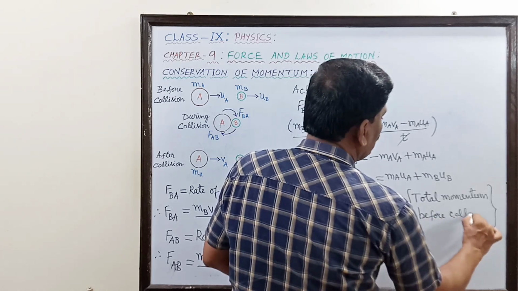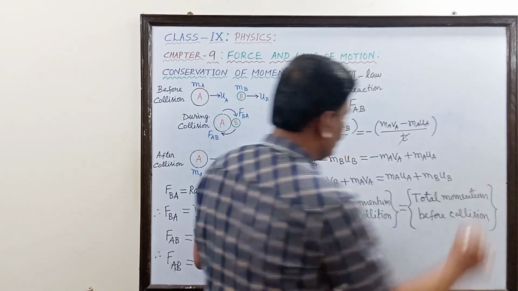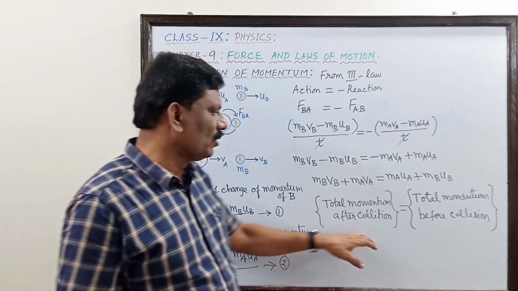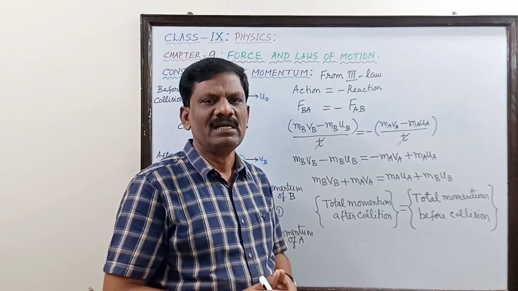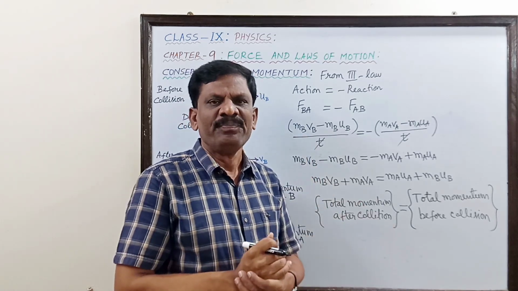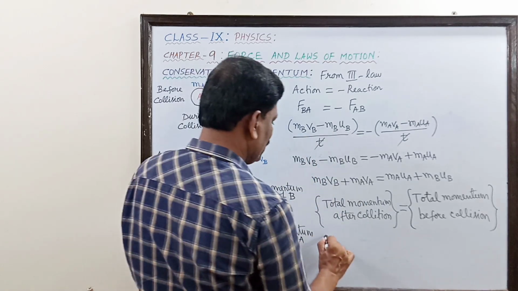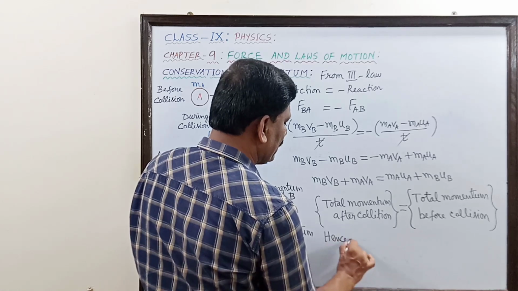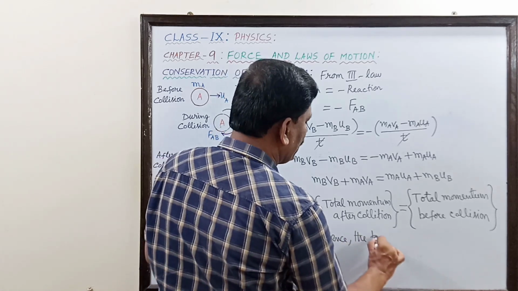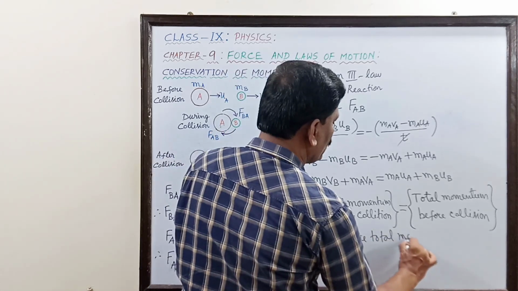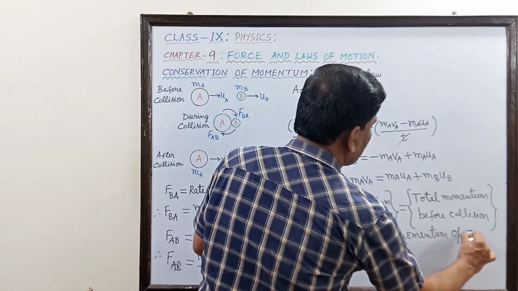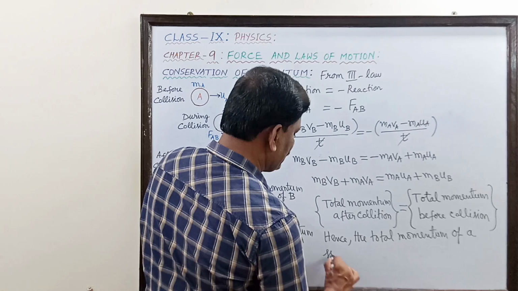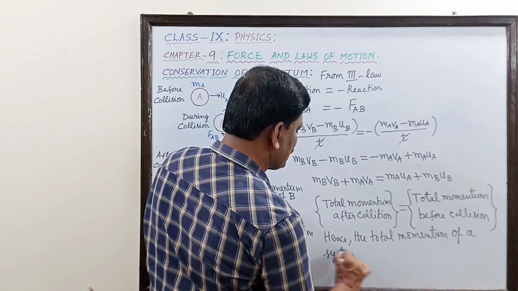So we have proved that the total momentum of the body before collision and after collision remains constant. This only is called as what? Conservation of momentum. Hence the total momentum of a system remains constant always.